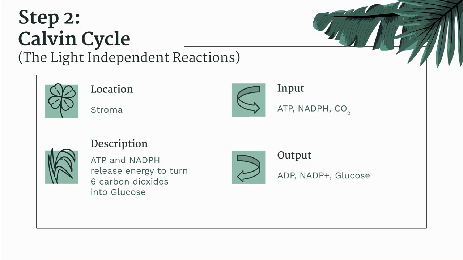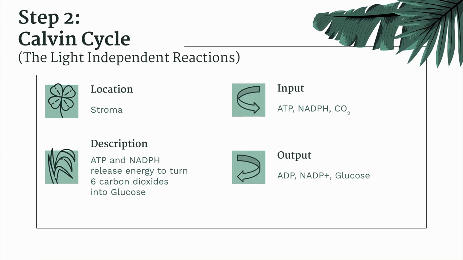So step 2 is the Calvin cycle, or light-independent reactions. This is happening in the stroma, in the space outside the thylakoid. The ATP and NADPH release their energy to turn 6 carbon dioxides into glucose. Glucose, if you remember, is C6H12O6. We need 6 carbons. So what comes in?